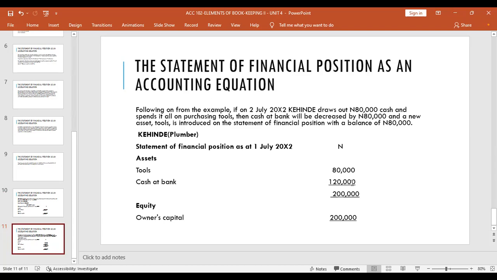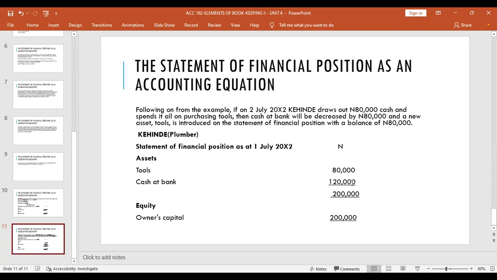What has changed is the cash at bank. It has reduced by 80,000, and we have created another asset account of 80,000. 80 plus 120 gives us assets of 200,000, owner's capital 200,000. Our statement of financial position is still balanced.